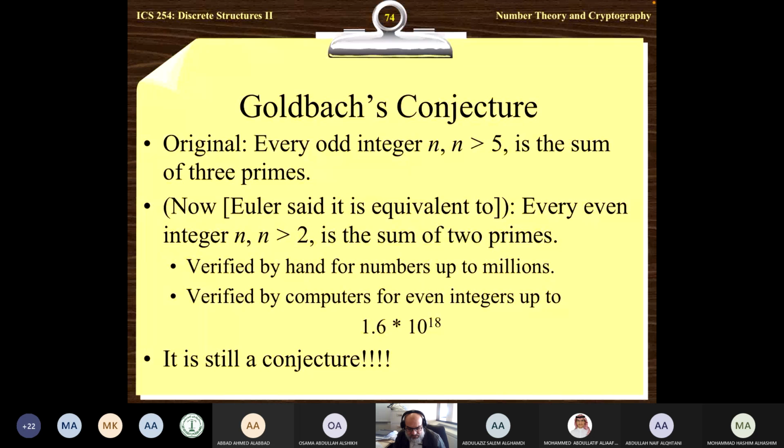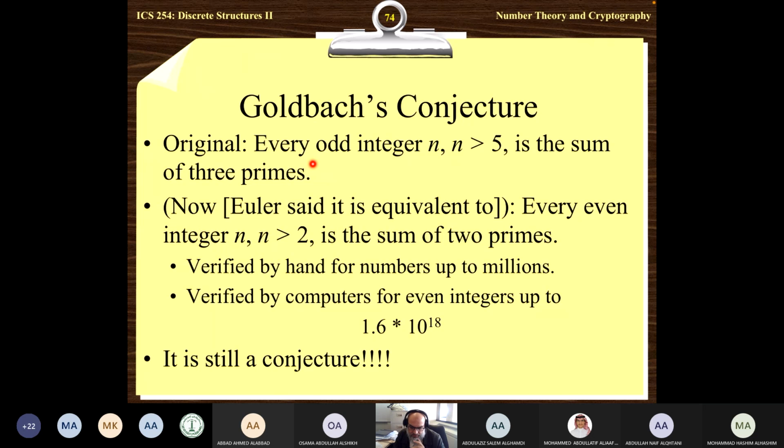The original conjecture says that every odd integer n, where n is greater than 5, is the sum of 3 primes. Is the sum of 3 prime numbers. Any odd integer greater than 5.